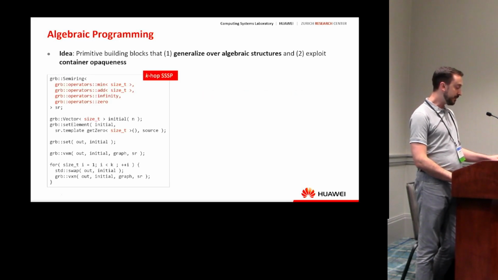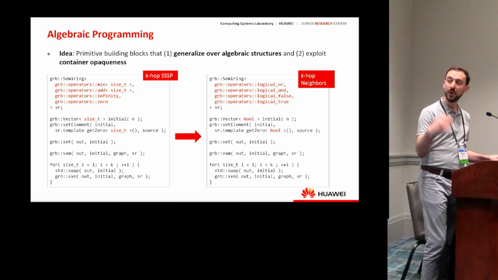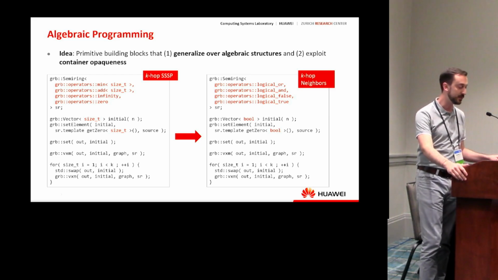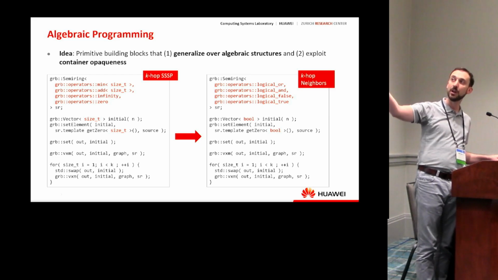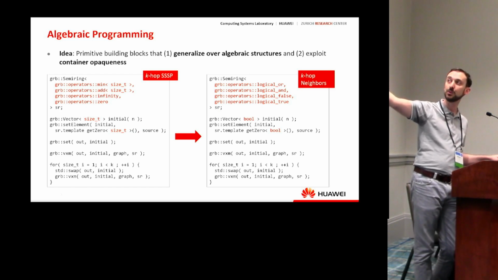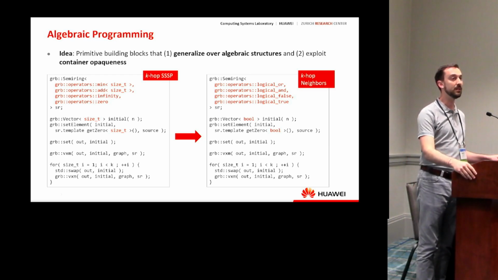And one thing is that in graph analytics, for example, this is very useful because, as Guide also has shown, you change the concept of semi-ring. For example, here I'm going from the min plus semi-ring to the Boolean semi-ring.